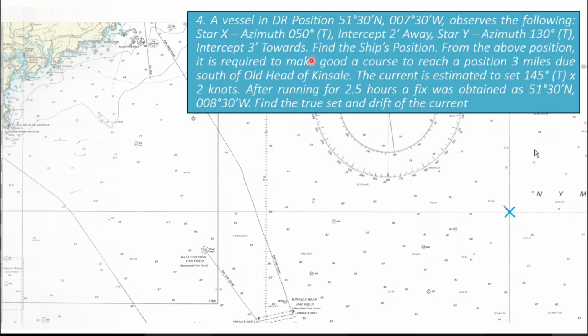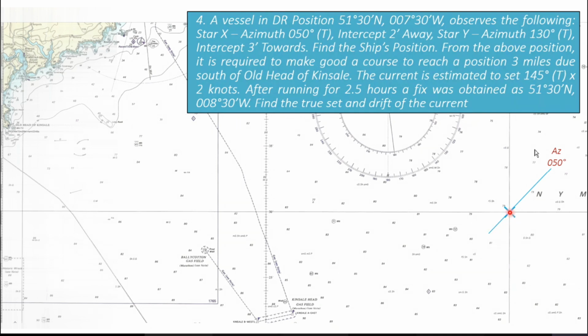Now the first observation is of star X, azimuth is 050 and intercept is 2 miles away. So let's mark off the azimuth of 050. We have the 050 azimuth here. Since the intercept is 2 miles away, I will be going away from the star.